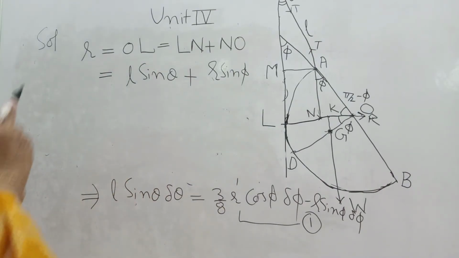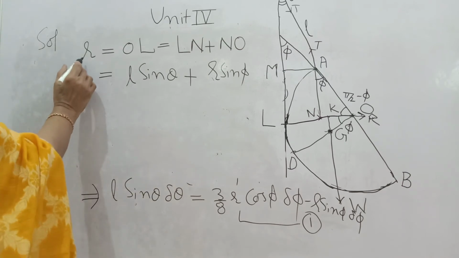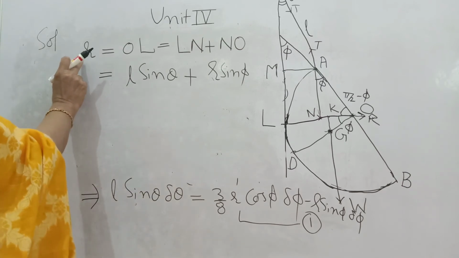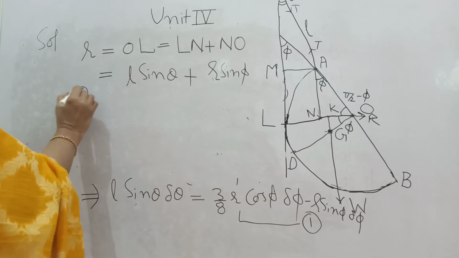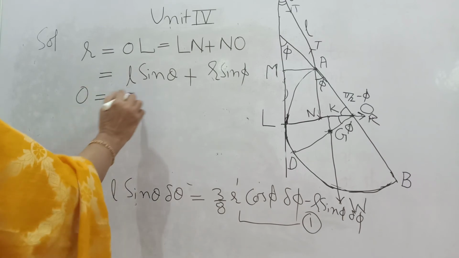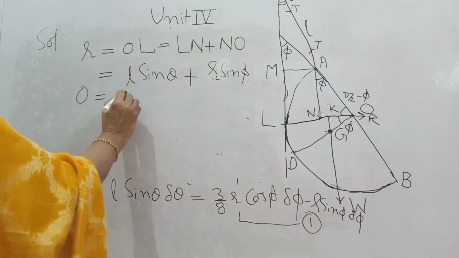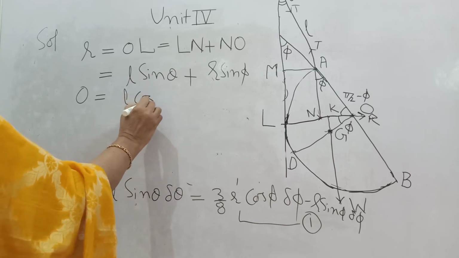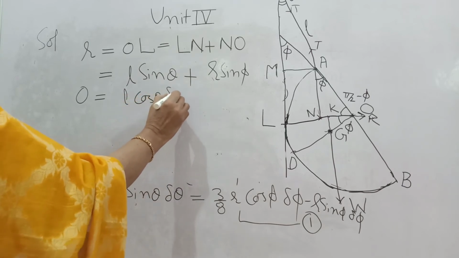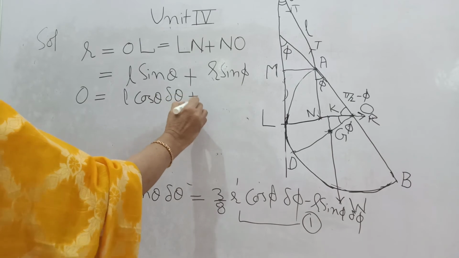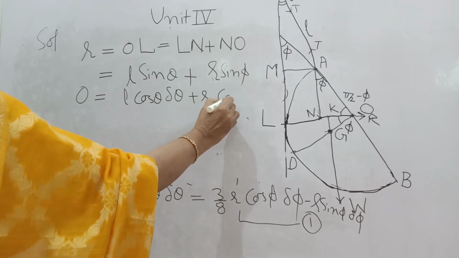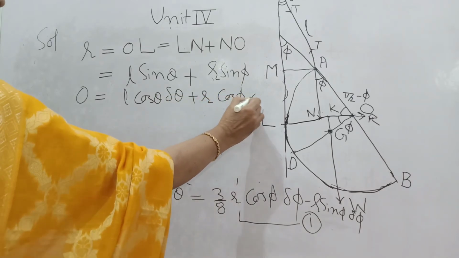So this is the value of R. Now if you differentiate this, you know R is a constant, you will be getting 0, and from right hand side you will be getting L cos theta delta theta plus R cos phi delta phi.